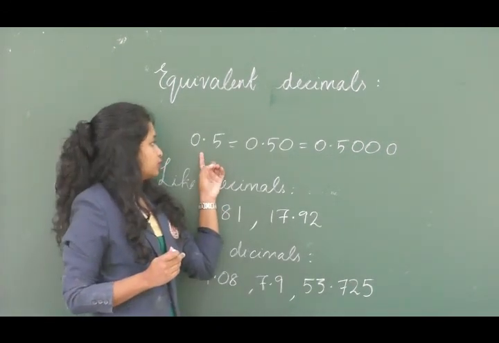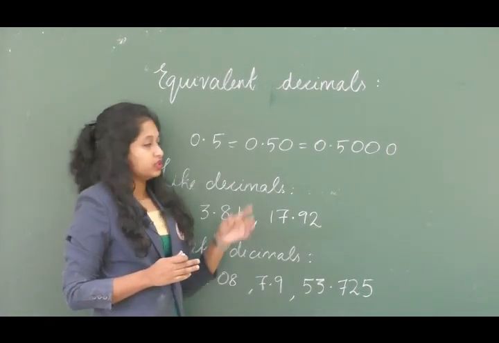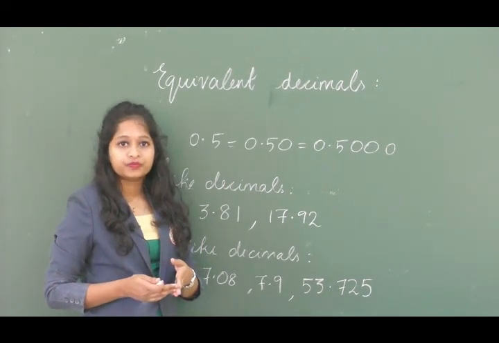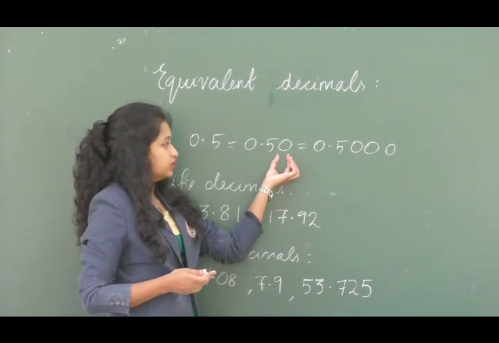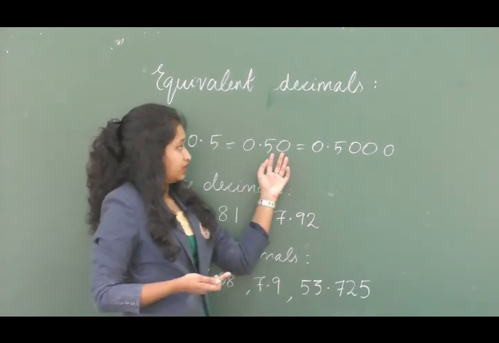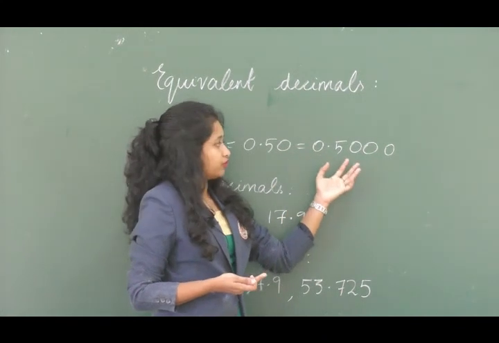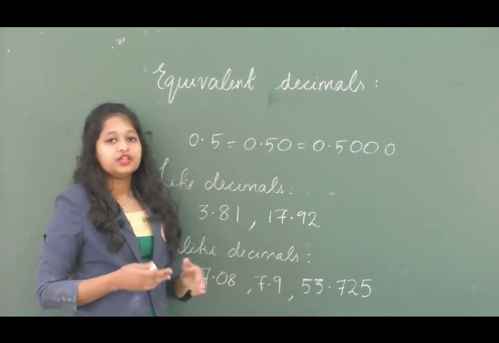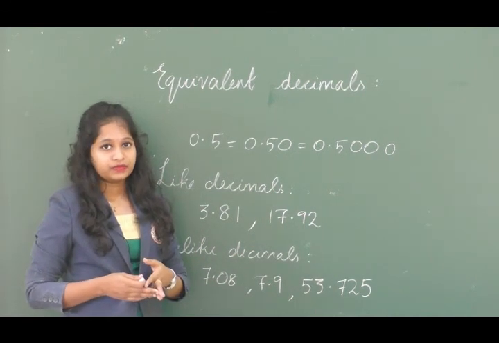Here I have 0.5. This is equal to 0.50. So when you place a 0 next to 5, it doesn't change the value. And this is equal to 0.5000. So all these are equivalent decimals.